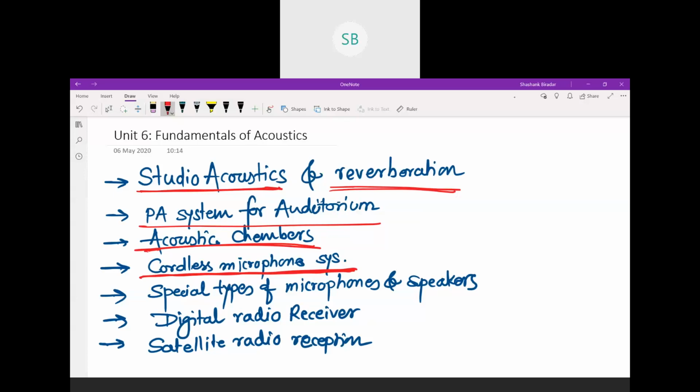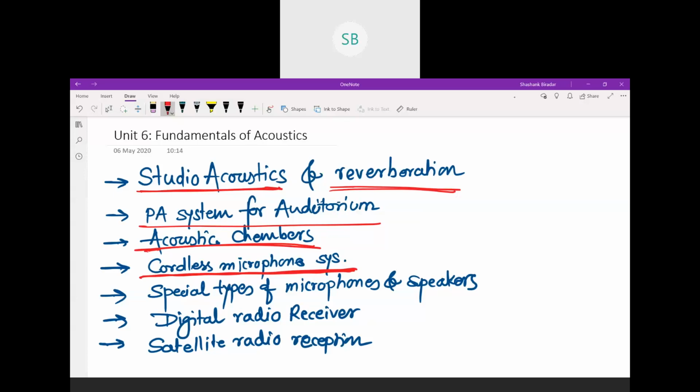But the complete requirement, the design, the principles, the execution of all the sound related things, we must know, so that we could concentrate on those points for which we are going to design a system.